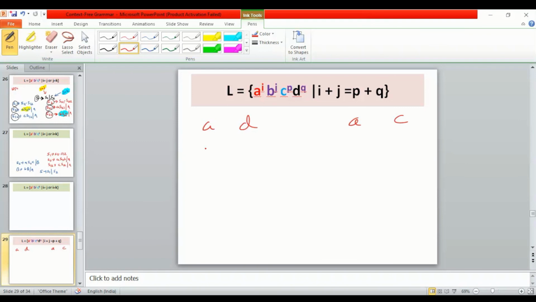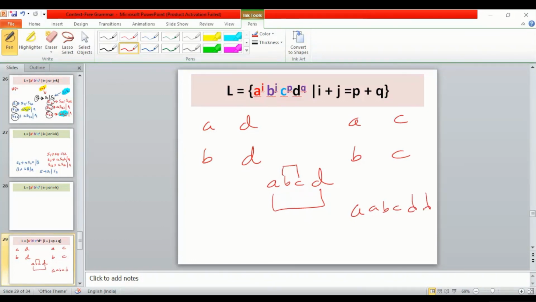When I generate one B, I can generate D. When I generate one B, I can generate C. So if I consider this combination A, B, C, D, it is something like this: A and D, B and C. If I consider A, B, C, D, D, then A is generating D, then A is generating D, and then B and C.